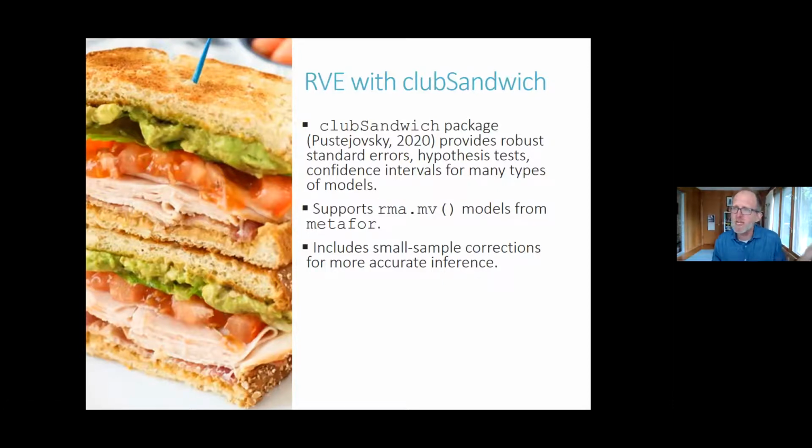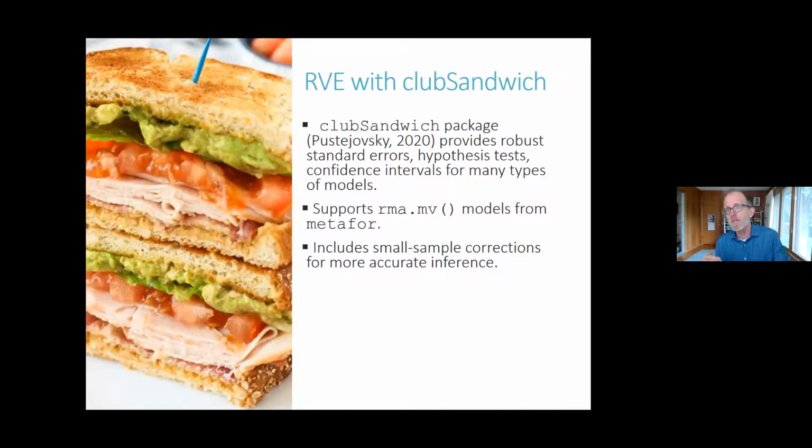Actually, you can get regular robust variance estimation through the metafor package. There's a function just called robust that will spit out robust standard errors. But the function in metafor doesn't include the same type of small sample correction. clubSandwich has this, so it uses small sample adjustments that will make the standard errors closer to unbiased, even when you have a small number of studies.